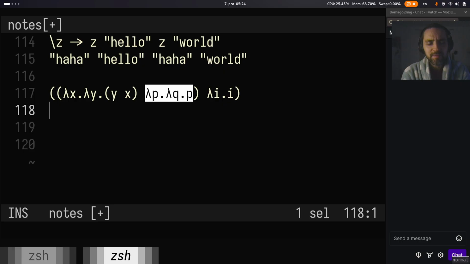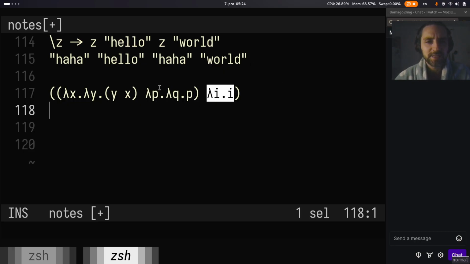Well, you could define identity and substitute it here for the lambda p. So then you'll have lambda q lambda I dot I, and then this thing can be applied here. Or maybe let's stay here inside and do this with the lambda x.